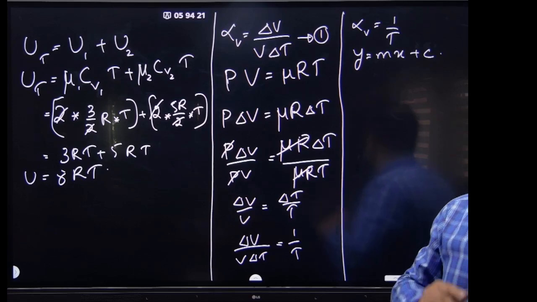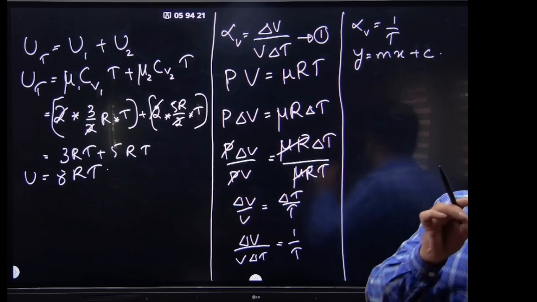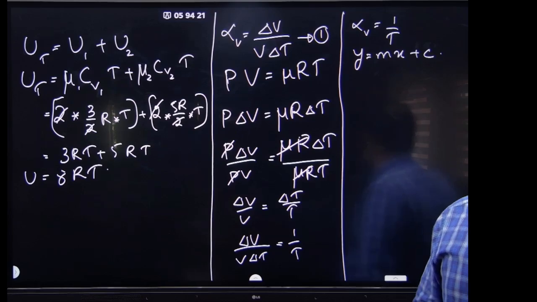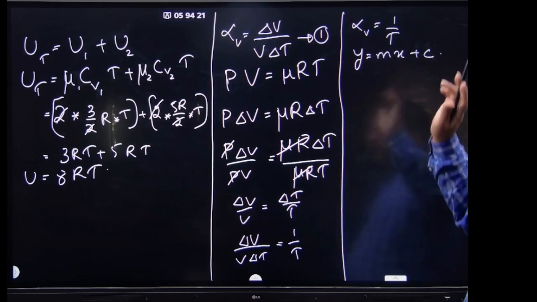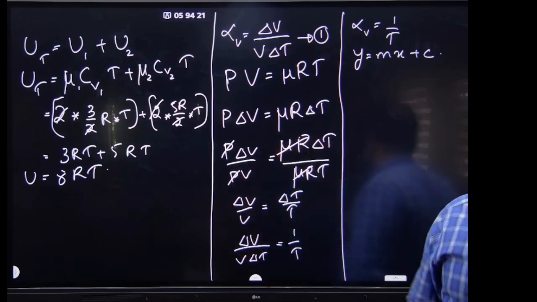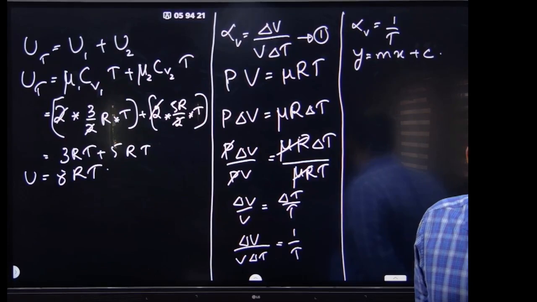So that means here we get this curve to be a straight line, with c equal to 0. That means it passes through the origin. So which is the right option? Option number 2.